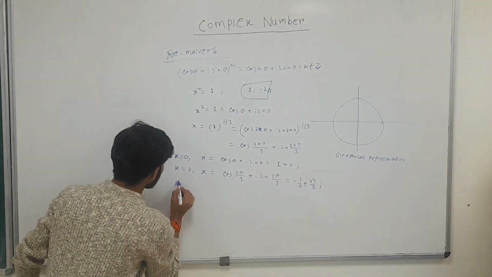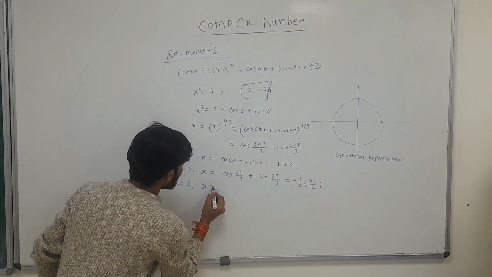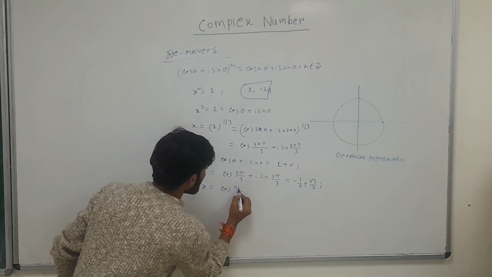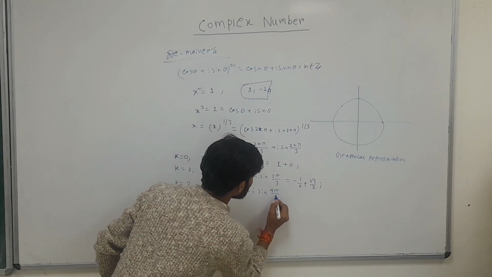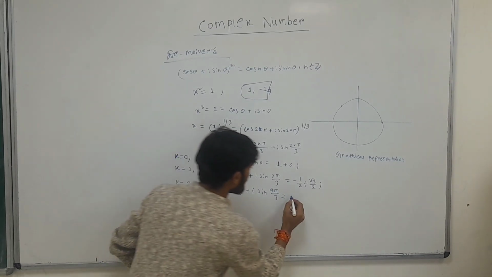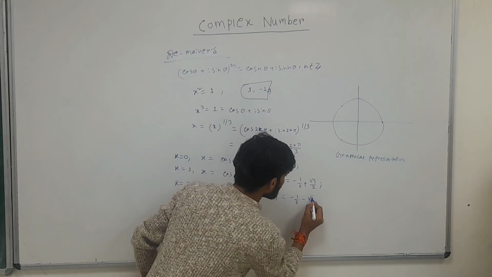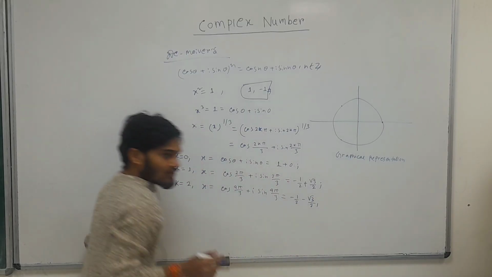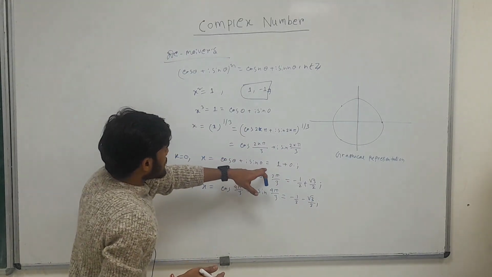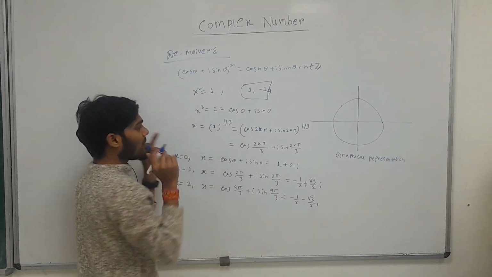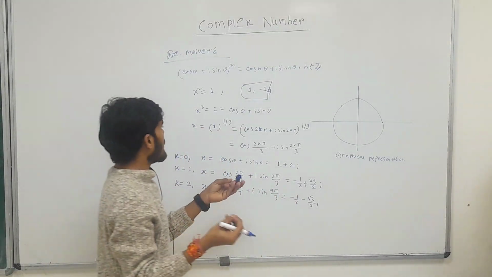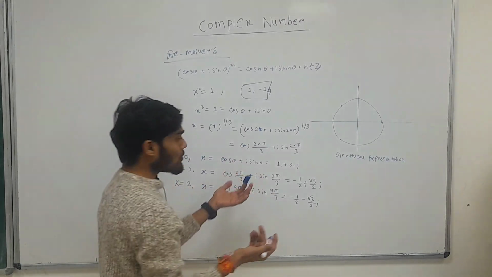And if k is equal to 2, then you will get x equal to cos of 4 pi by 3 plus iota sin of 4 pi by 3, and this is minus 1 by 2 minus root 3 by 2 into iota. So this is one root, this is another root, and this is the third root, when we go to find the cube root of unity.